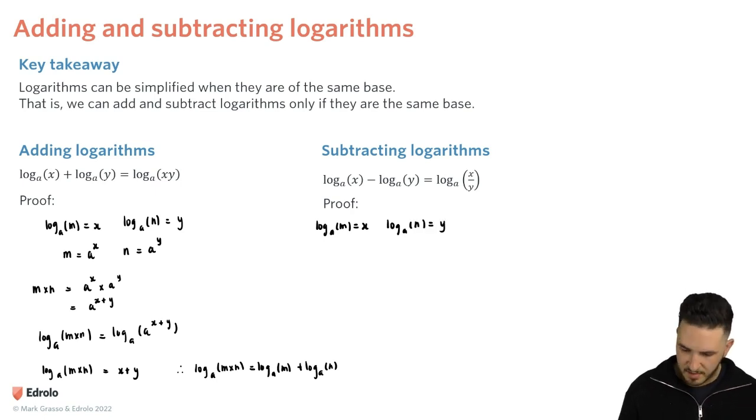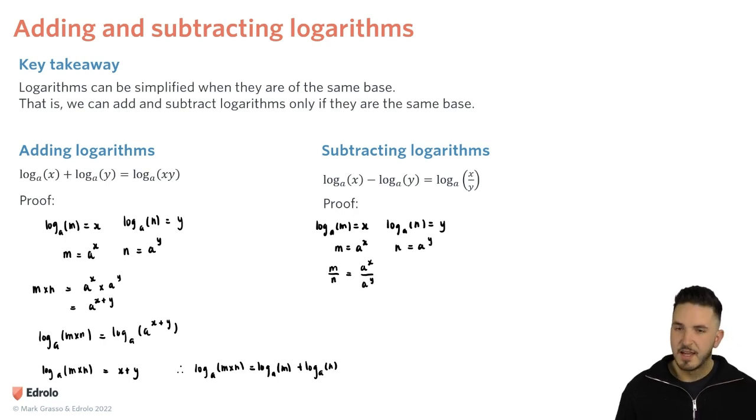So therefore, again, we have m is equal to a to the power of x and n is equal to a to the power of y. Dividing m by n, this is equivalent to a to the power of x divided by a to the power of y.